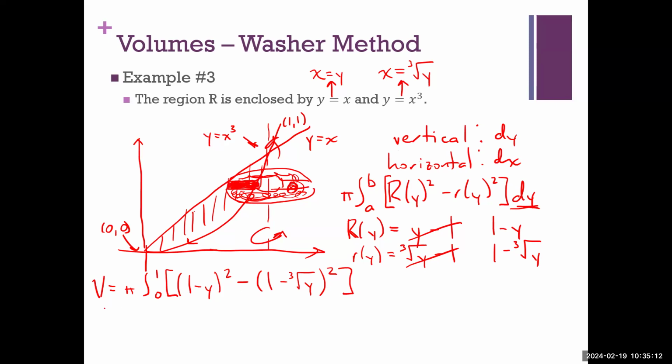All right, so now I can, same as last time, do some simplifying. 1 minus y squared is 1 minus 2y plus y squared. Do I get any cancellation?